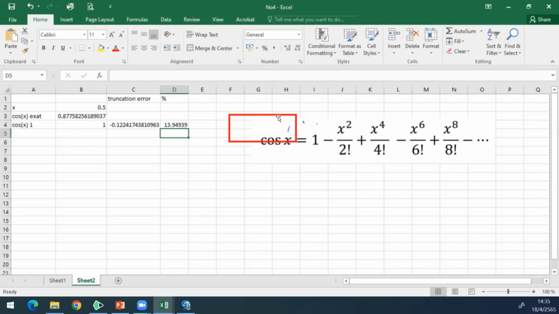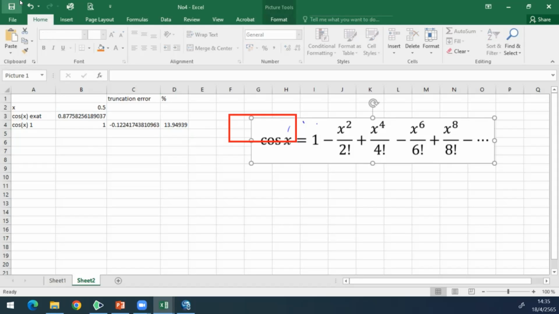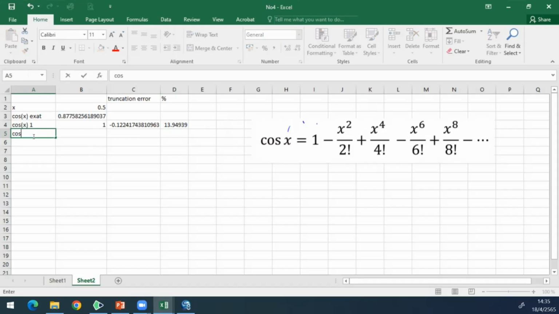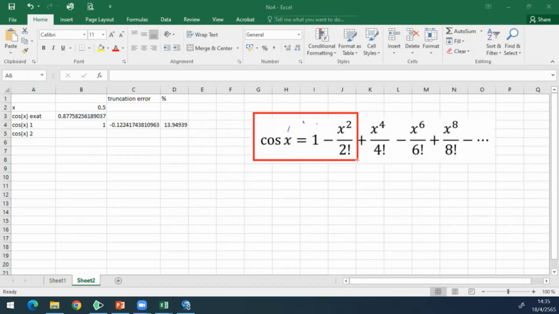Okay, if we use two terms, this is cosine x with two terms. What does it mean? It means that we use the Taylor series of two terms, maybe like this.